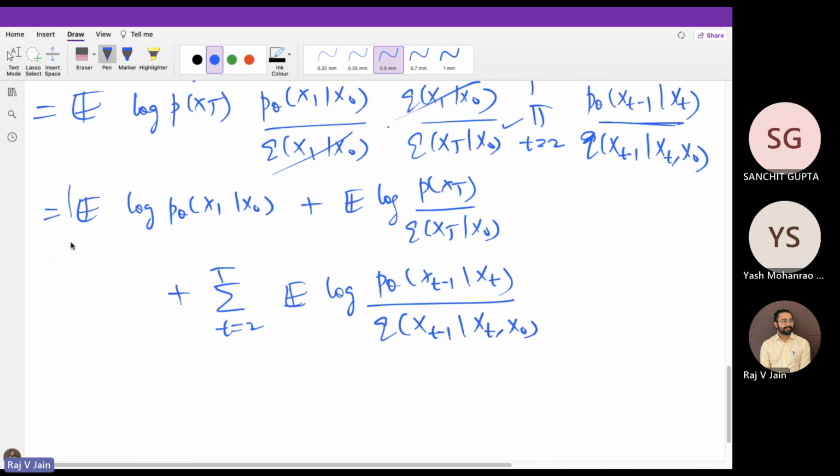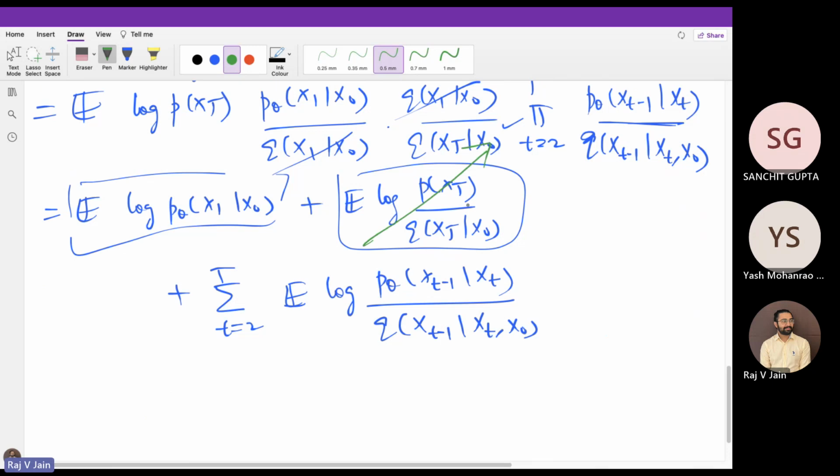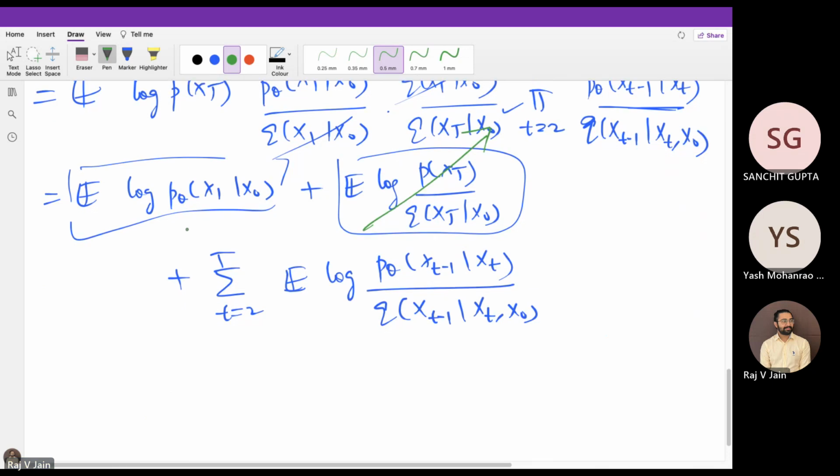Again, the same decoder part came here. This has no learnable parameters. p of xt is Gaussian. This is Gaussian. Nothing to learn here, right?